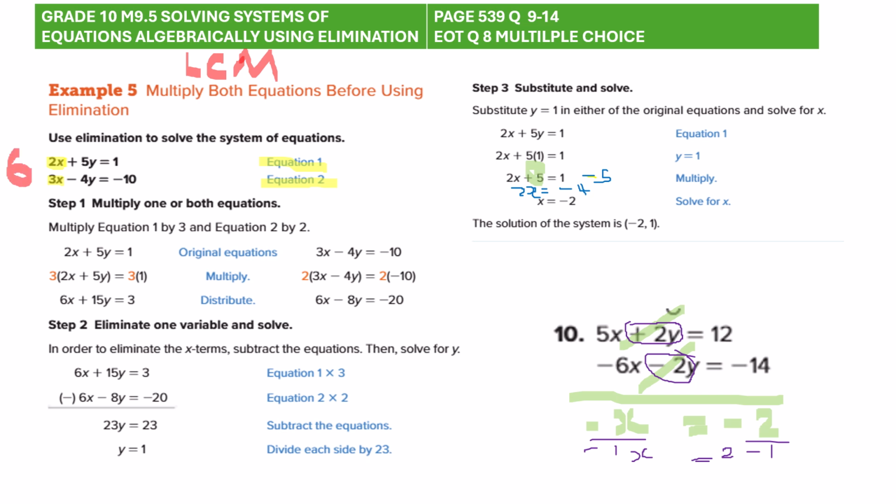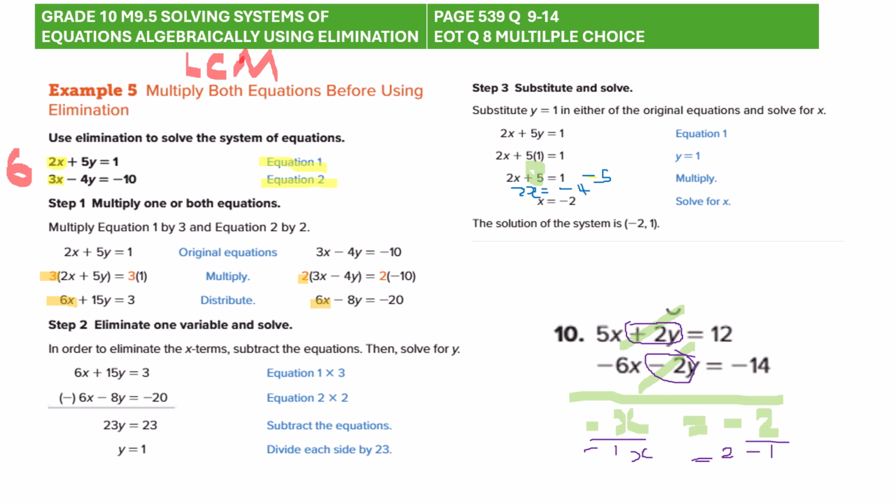In order to get 6, you multiply the first equation by 3 and the second equation by 2. Therefore, you would get 6x in your first equation and 6x in your second equation.